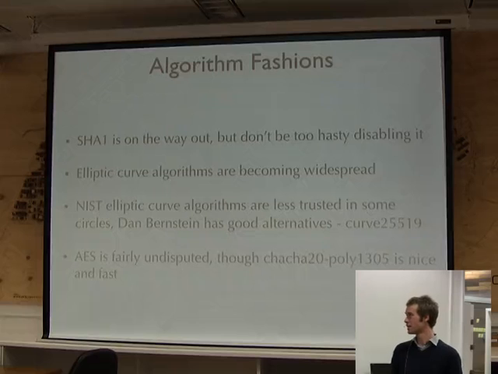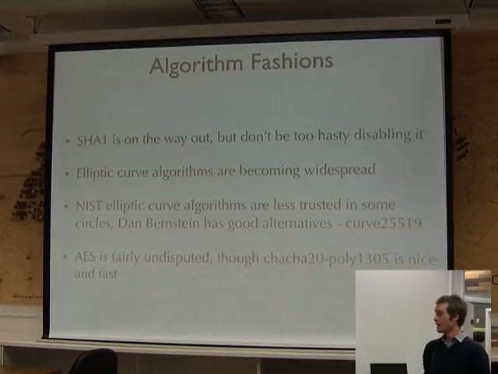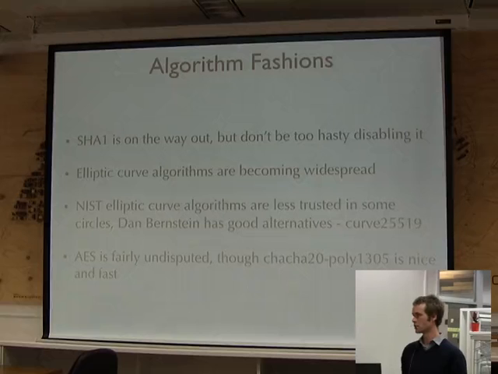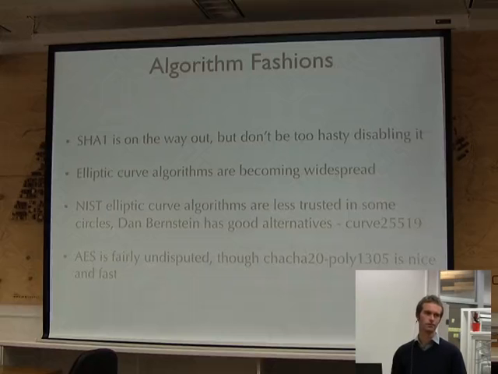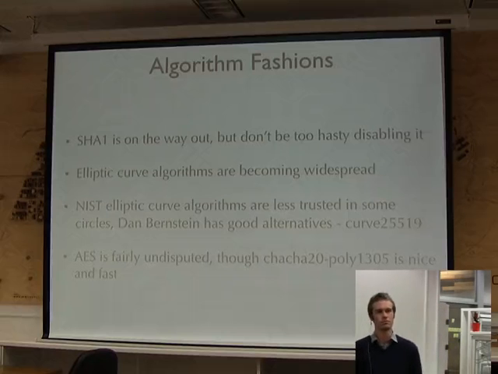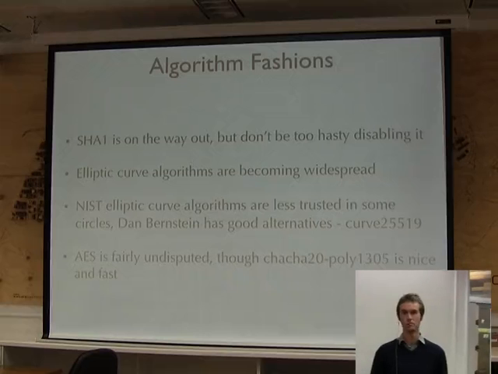But there's other elliptic curve routines such as Curve25519, which pretty much everyone seems to trust. AES, most people would be happy to use, though ChaCha is faster. There are lots of different people saying, oh, you want this set of hashes and things, but in general, the defaults are usually reasonable.